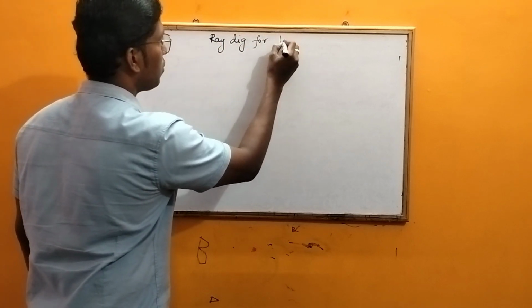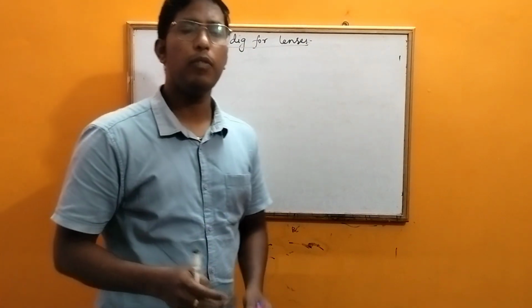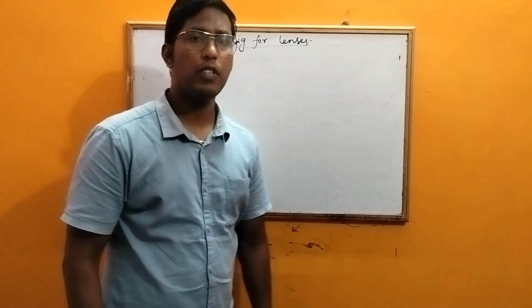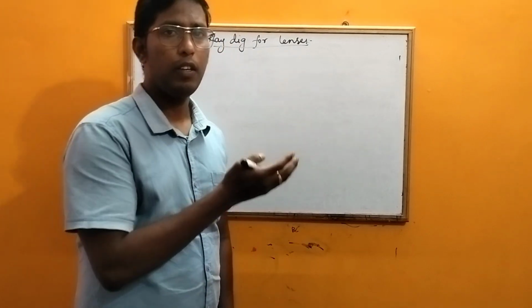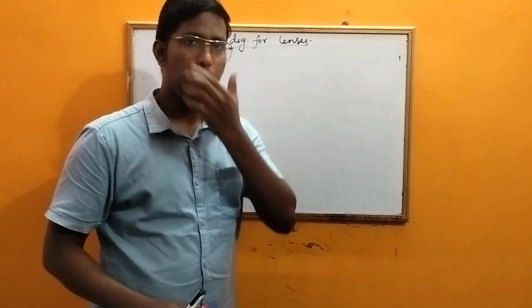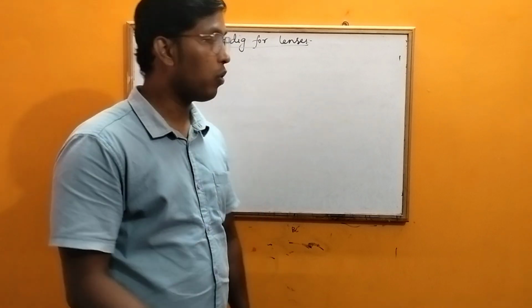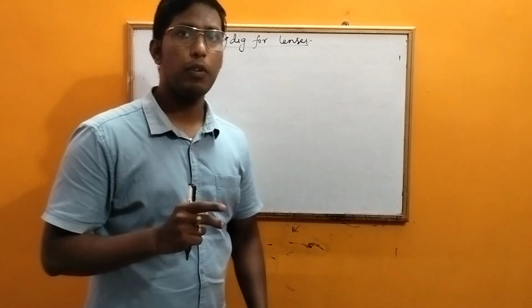for lenses. We have different types of lenses. There are convex lens, biconcave lens, plano-convex, plano-concave, concavo-convex lens. So different types of lenses are there, but we will study about two types of lenses.